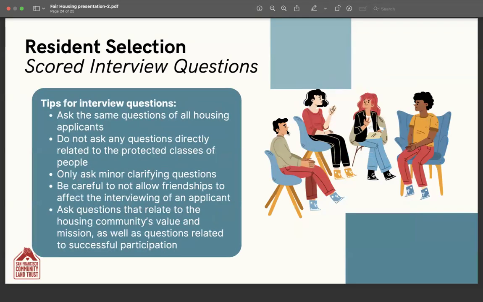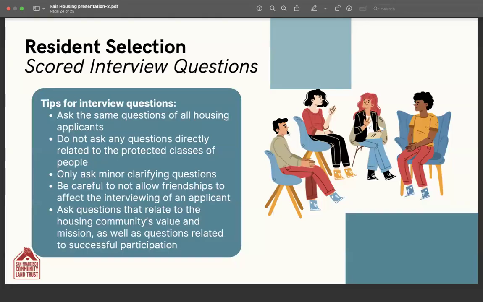So finally, some tips for the interview questions themselves. You want to make sure that you ask the same questions of every single housing applicant. You don't want to ask any questions directly related to the protected classes of people. So you want to make sure that is not included in your list of questions.